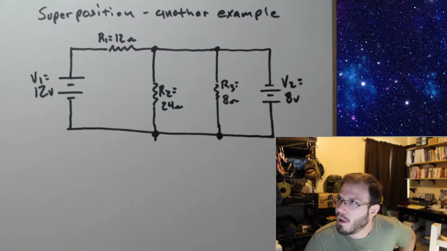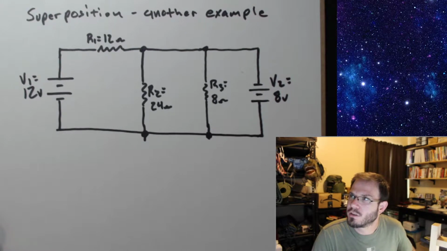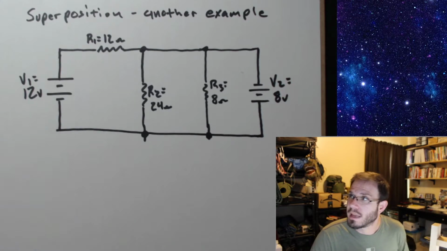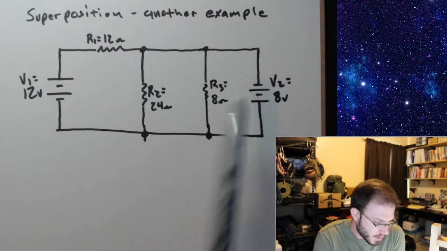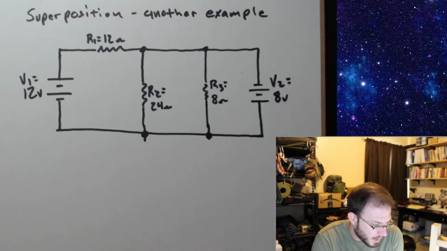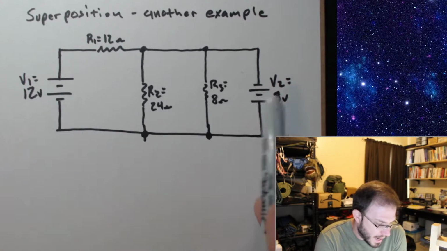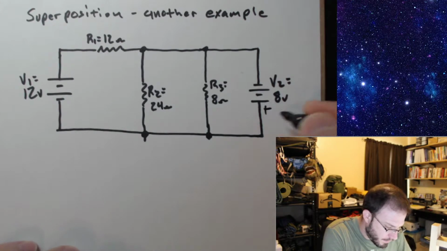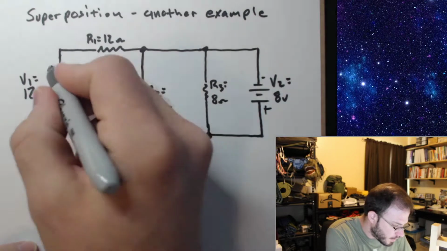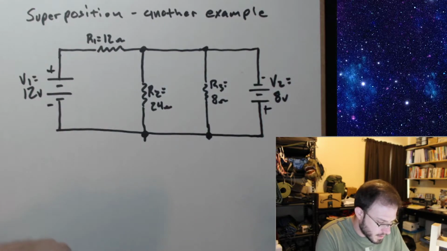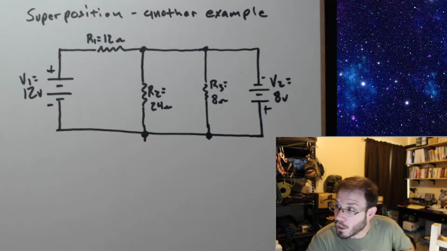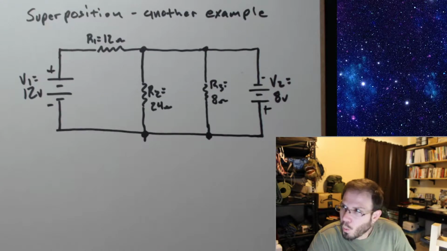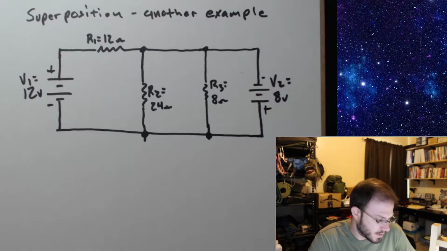Okay, so from last time when we're applying superposition, first off, you couldn't solve this with just your basic rules right off the bat. We do need to apply superposition in this case because we have two voltage sources. And just to emphasize, we do have the polarity reversed on this V2 source, at least from what we're used to seeing. Now, as we know, we're going to have to solve this twice.